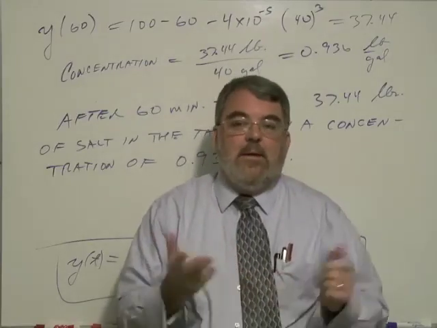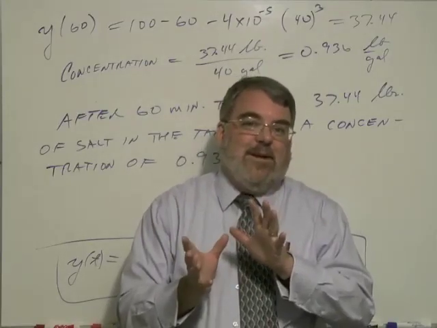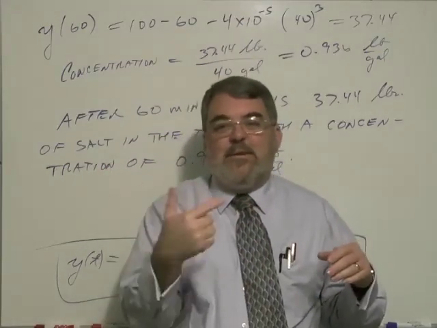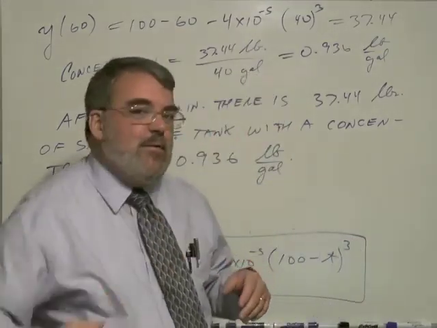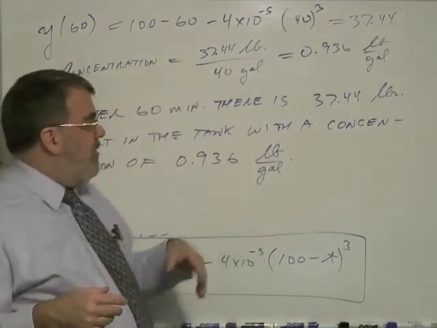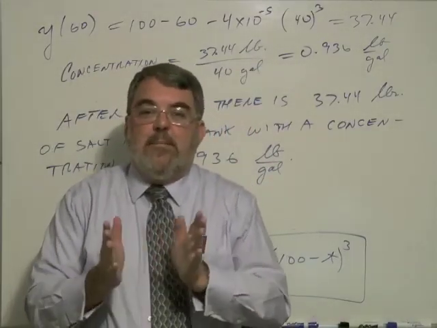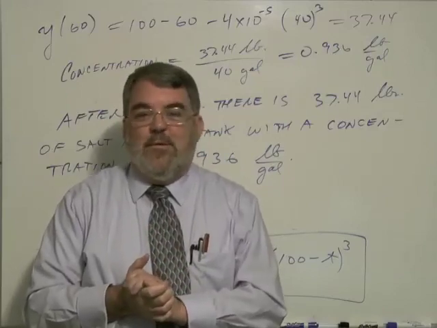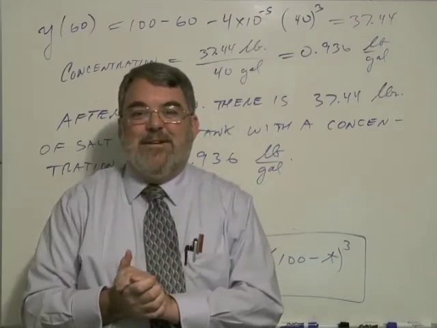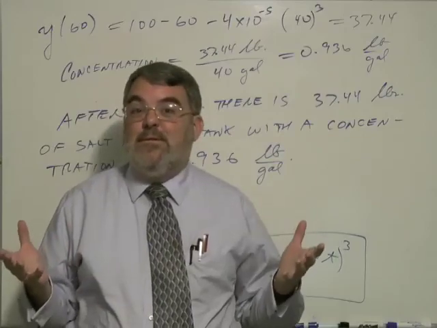But it's not quite true in reality because it takes a little while for everything to circulate through the tank, no matter how well you stir it. But this is pretty close to reality, I imagine. So, okay, I'm going to do one more of these problems. This time, it's going to involve 2 tanks.